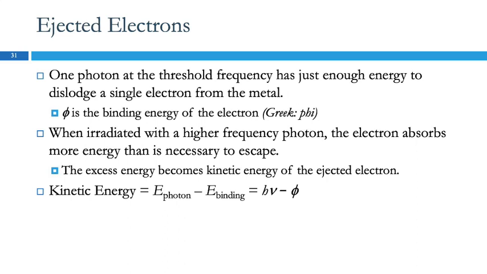So what's happening here is that one photon at that threshold frequency has just enough energy to eject an electron. A slightly lower frequency, not quite enough energy, the electron does not get ejected. So my favorite analogy for this is a child going to Disneyland.